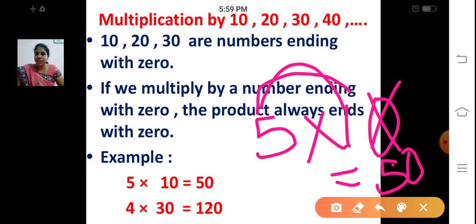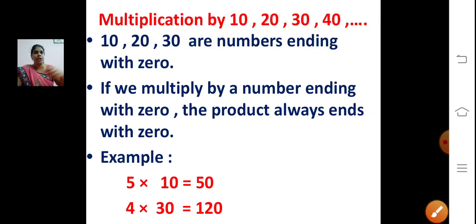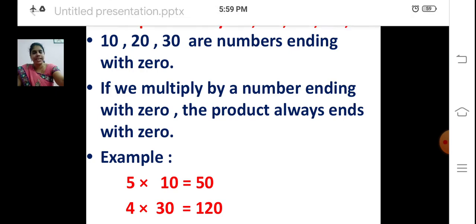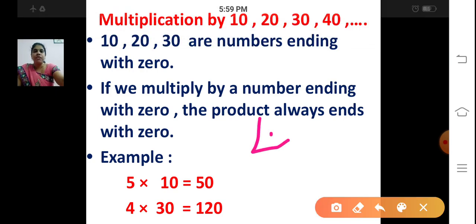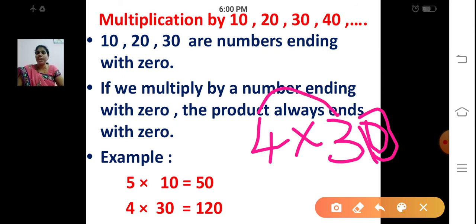So, 5 tens are 50. That you already know, right? Second one, we'll see one more example. 4 into 30. It is difficult to multiply by 30, right? Just leave the 0, okay? Multiply the other numbers. 4 into 3. You know the answer for 4 threes, right? 4 threes are 12.